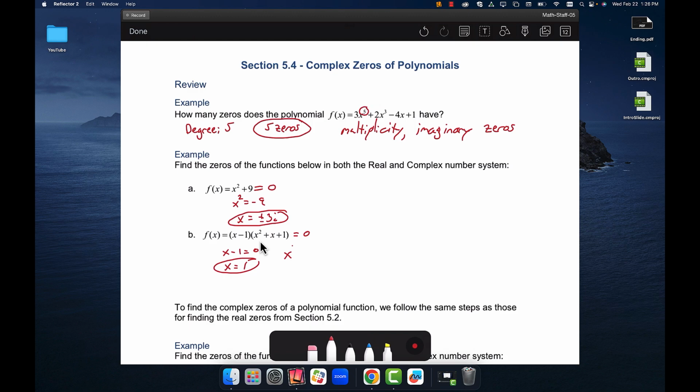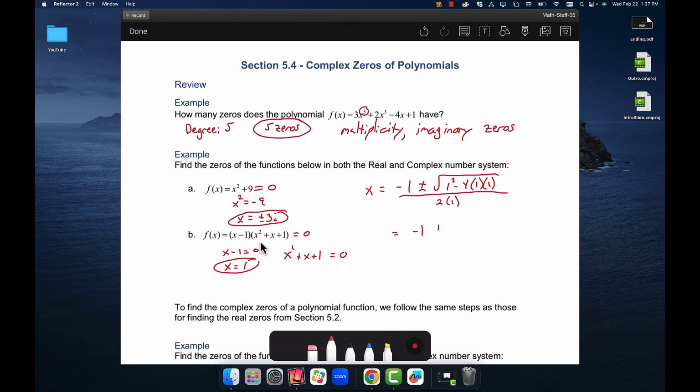The next part, the quadratic, is an irreducible quadratic, meaning we cannot factor that. So we can't simply solve this using factoring. We'll have to use the quadratic formula. X is equal to -1 plus or minus the square root of 1 squared minus 4 times 1 times 1 all over 2 times 1.